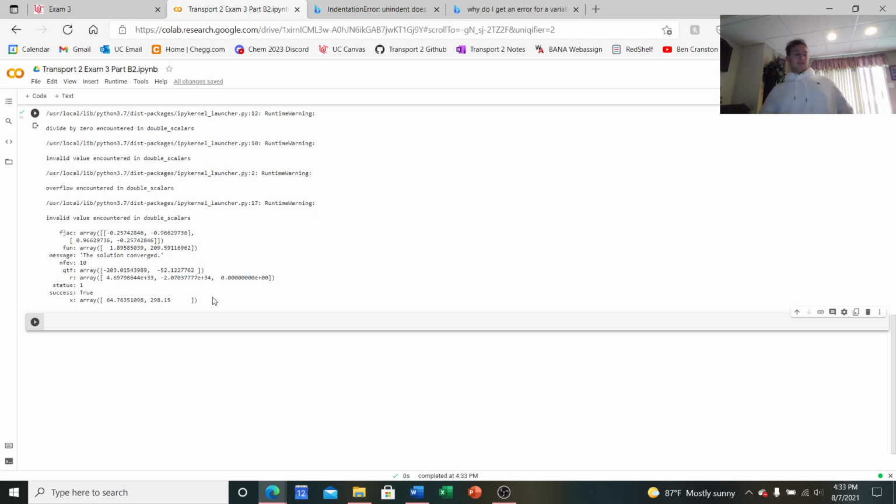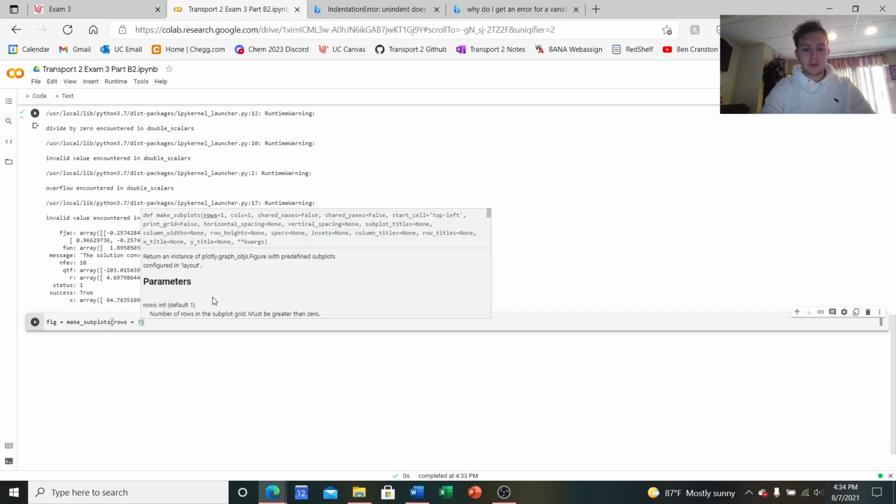The last thing we need to do is go through and make our figure. Thank goodness. So we're going to start by making the subplots. Our figure is going to be stored into the make subplots function, where we want rows to be equal to 3 for our 3 variables, and we only need 1 column.